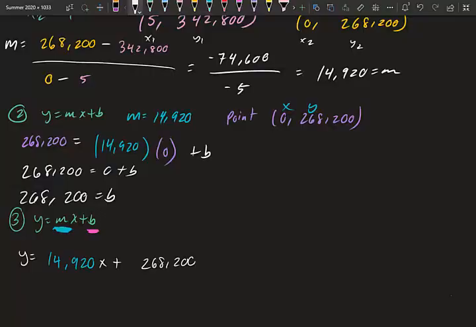Our last step is to do y equals mx plus b. So did we even need to do step 2? Because we have x at 0 and y is a number? No, if that's the case, skip step 2 and just use the y value they give you that's attached to the x equals 0.